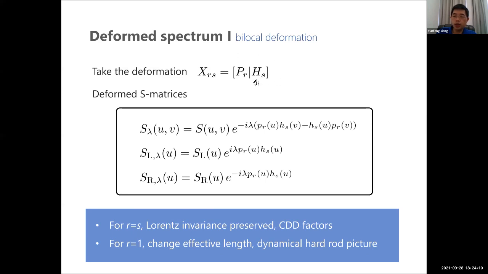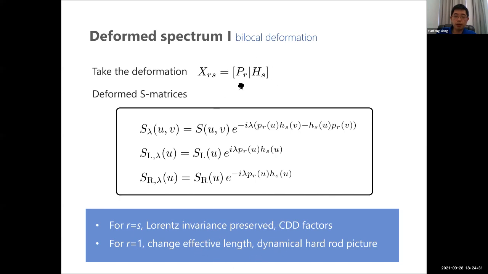Then we are in a situation more similar to the TTbar deformation. So that's one comment. And another special case is if you take R equal to 1, namely here, I just take P_R to be the momentum. I take just the momentum and a higher even charge.